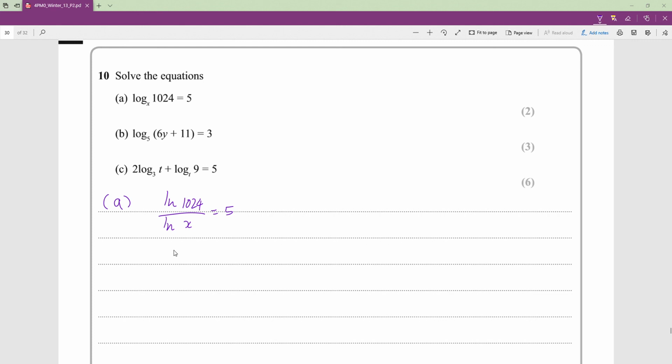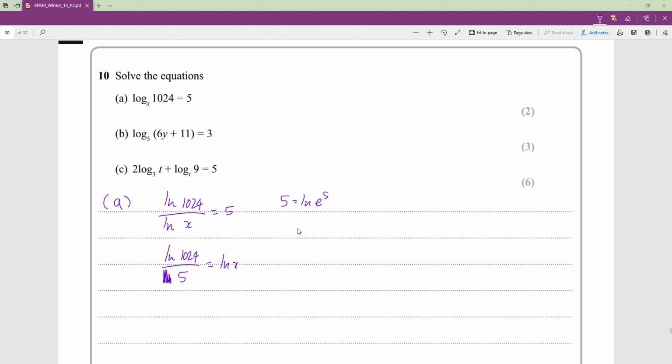Now we can divide by 5 and multiply by ln x on both sides to get ln 1024 over 5 is equal to ln x, and 5 is equal to ln e to the 5, if that makes sense.